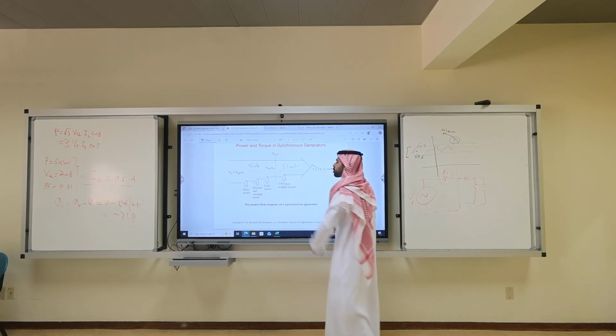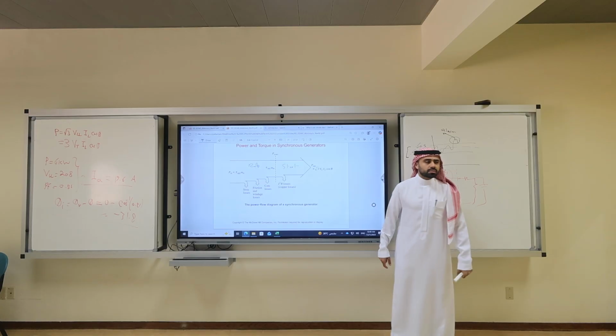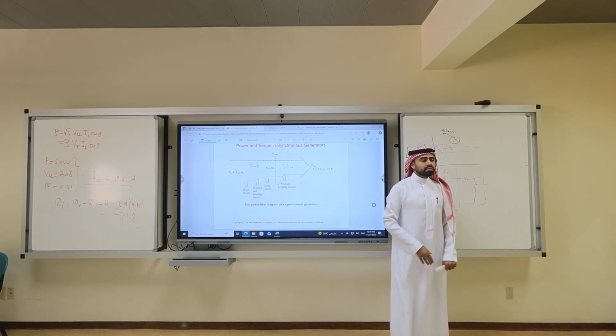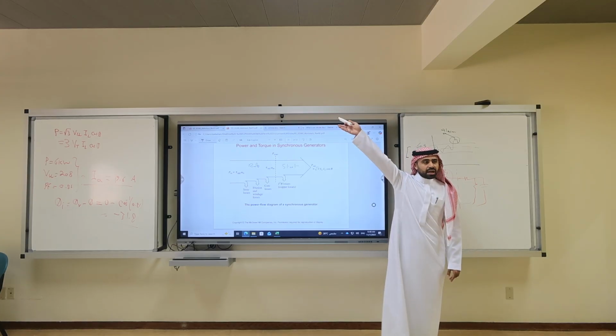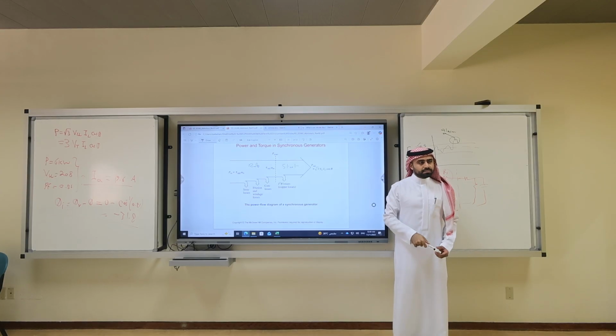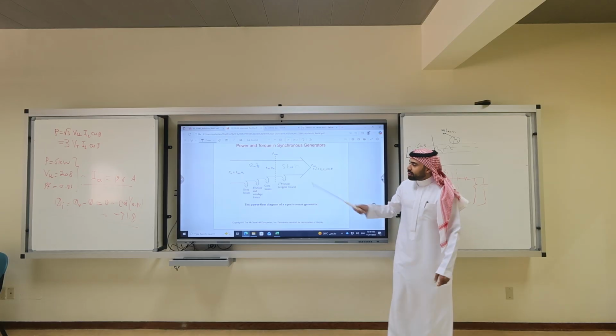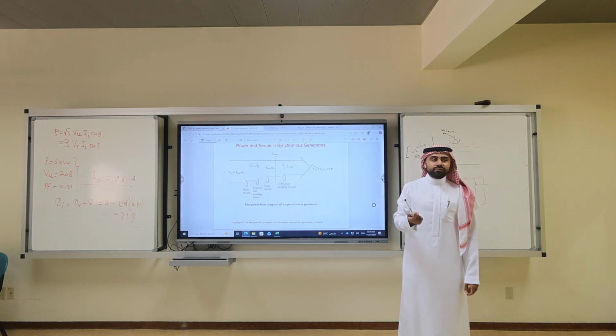Why do I ignore rotor copper losses? Because it's a small DC. Why would I include 25 volts in a generator that has 10 kilovolt? So that's why we only consider RA for the equivalent circuit.